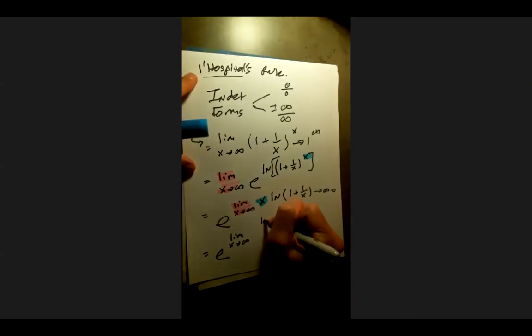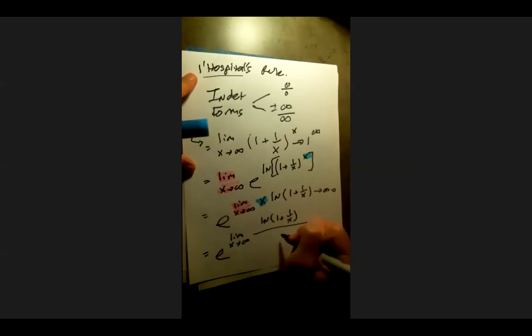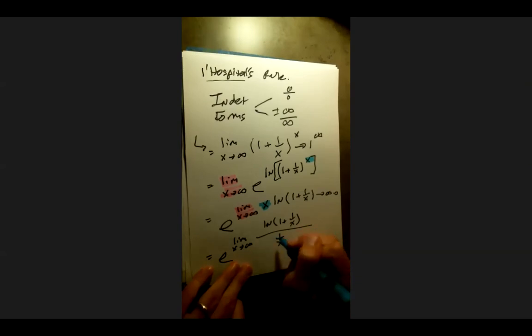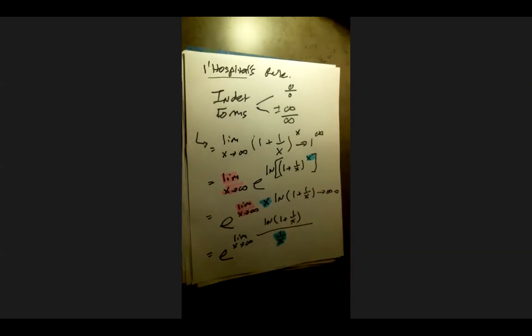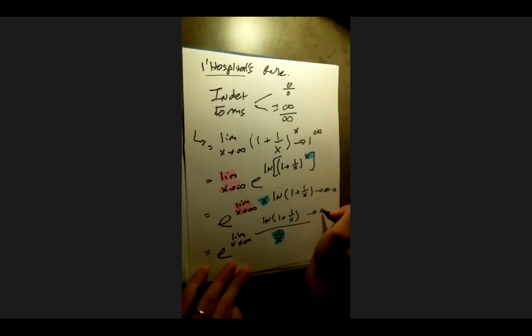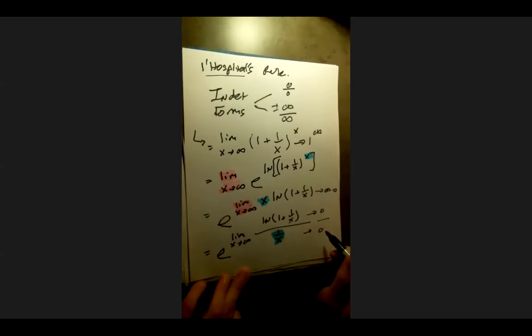So ln over 1 over x. So we can rewrite the x in the numerator as a 1 over x in the denominator. Notice now our numerator is approaching 0 and our denominator is approaching 0. So we do indeed have that 0 over 0 indeterminate form.